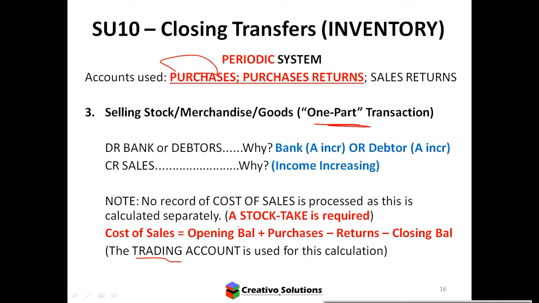Okay, opening. Put the amounts in. Write in the amounts. Is it 50? Yes, write it down. Purchases. Returns, nothing. Closing balance.